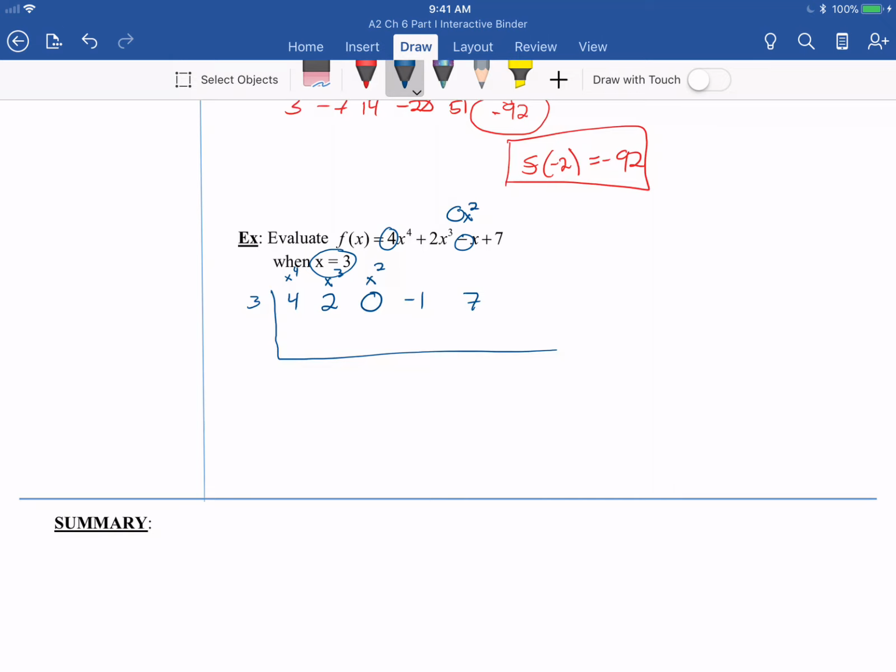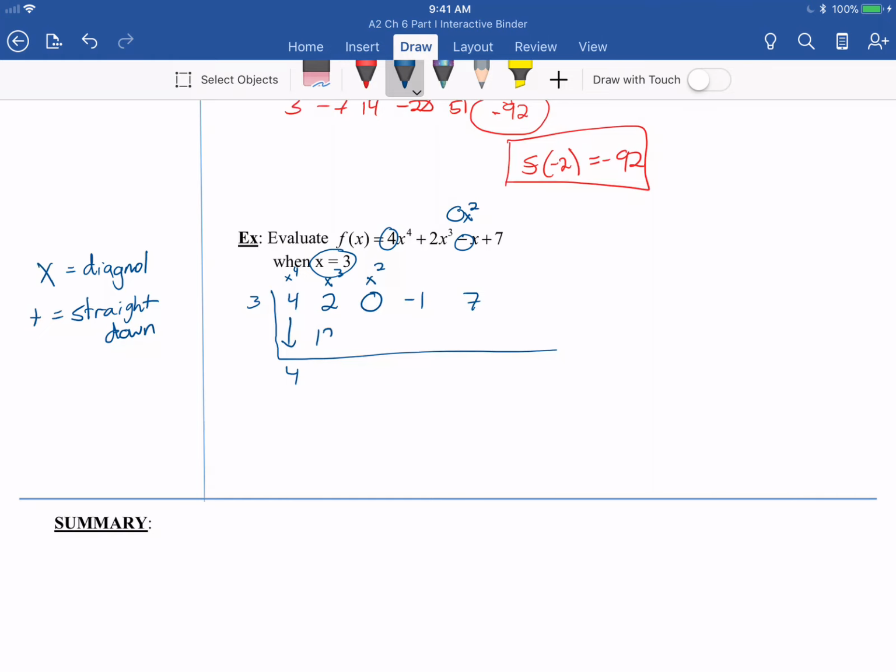All right, awesome. So here we go. As I go through, I always bring this 4 straight down. All right, so the 4 comes straight down. Multiply the diagonal, and add straight down. All right, multiply the diagonal, add straight down.